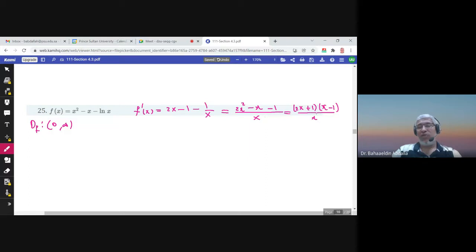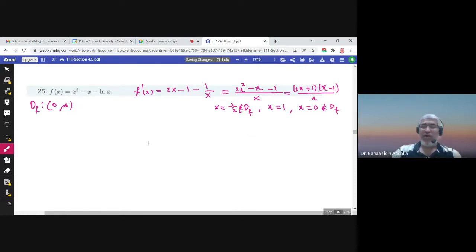So the zeros of f prime: 2x plus 1 equals 0, so x is negative half. But this does not belong to the domain of f. x equals 1 and x equals 0 will make f prime not exist. But this does not belong to the domain of f.